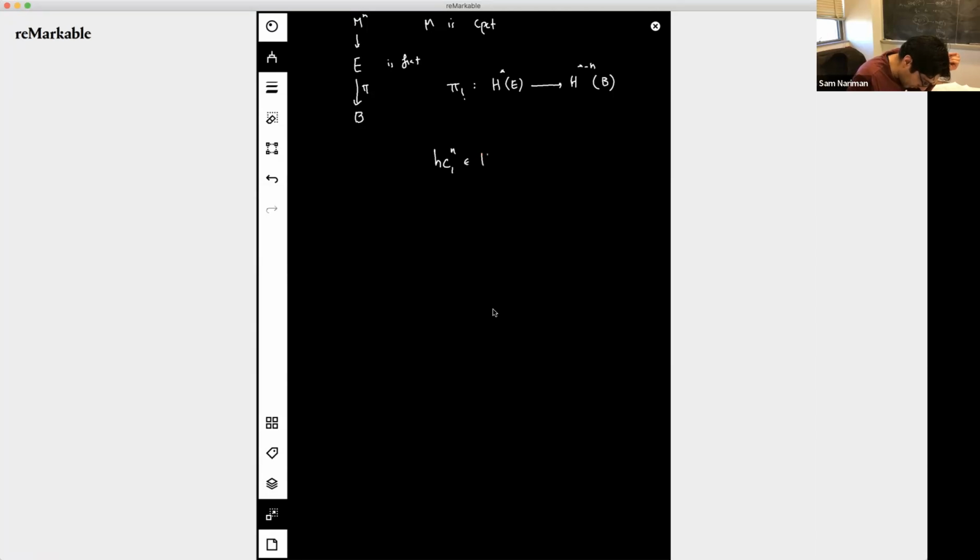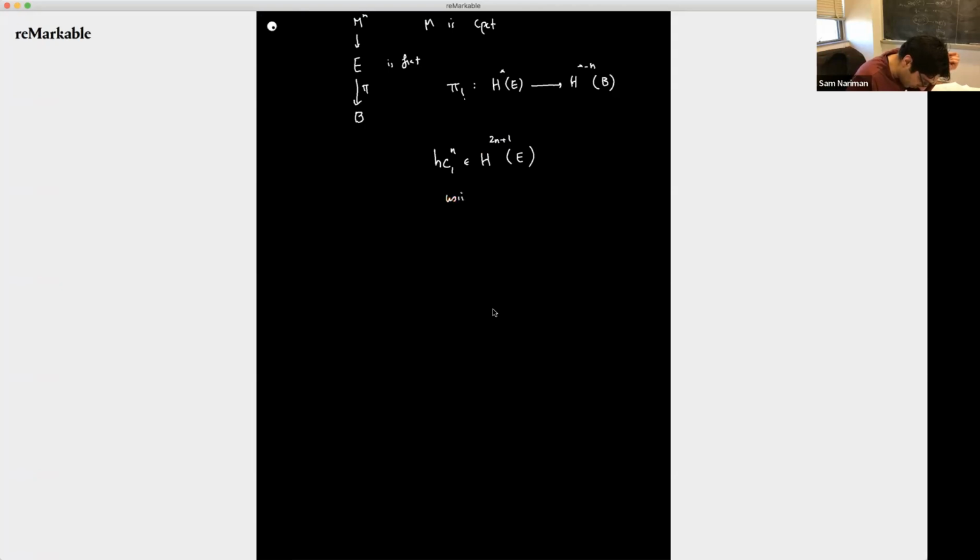It is a class in H^(2n+1) of E, using the codimension n foliation. And then you can fiber integrate along M. h c1 to the n is going to be a class in H^(n+1) of B. And you can ask whether this class is non-trivial.